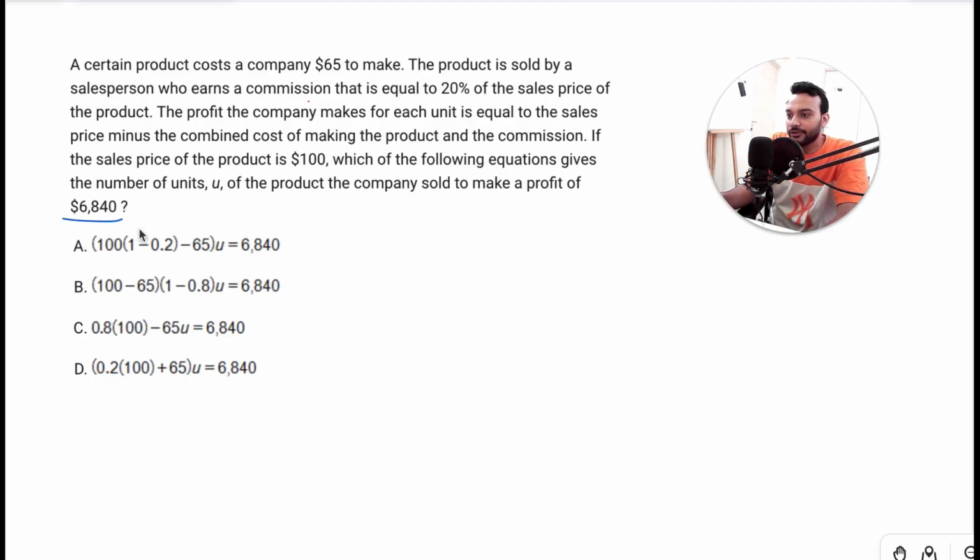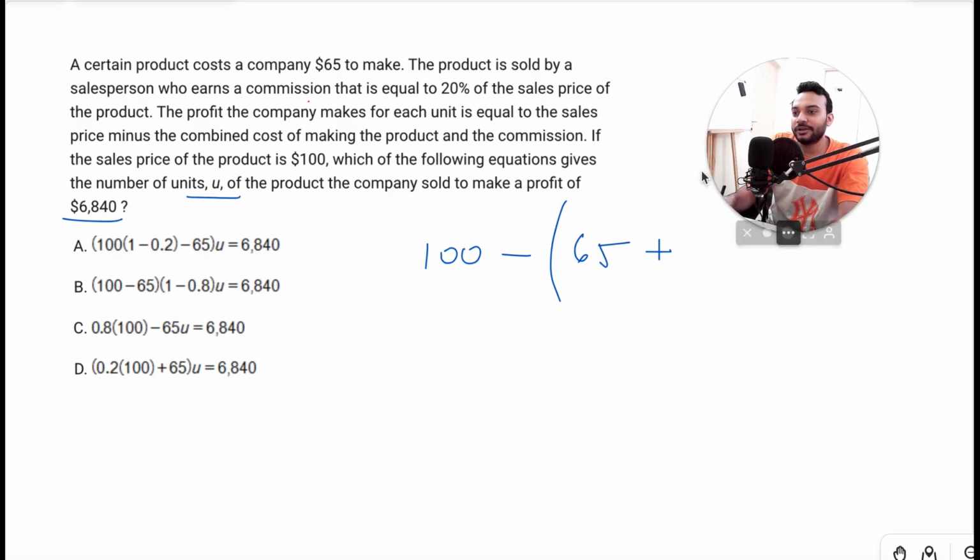Okay. So the company needs to make a profit of $6840. For that, it sells U units. The sales price. So what is the profit? It is written as 100 minus the manufacturing cost, which is $65, plus 20% of the manufacturing cost.